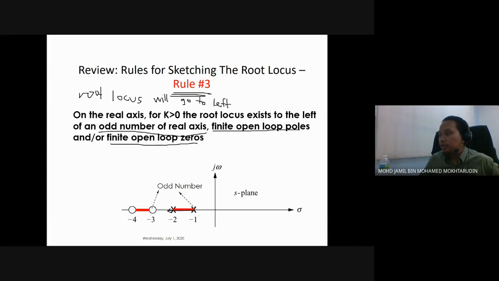So when you sketch the root locus, you will always start by sketching it to the left. If you cannot, then you will go to the right. Meaning you will always start by going to the left. If you cannot go to the left, then you go to the right. Don't worry, later we will see an example.